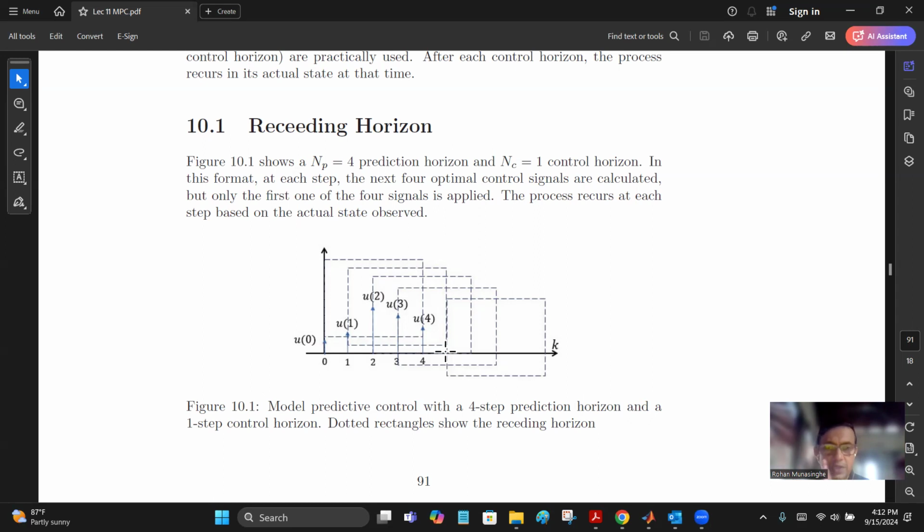we move forward again. So at each step, you calculate the optimal control sequence for k steps into the future, and out of that you issue only 1 or 2, a small number of control signals, not too many, because things are actually not evolving the way you predict. So every step there is an error.